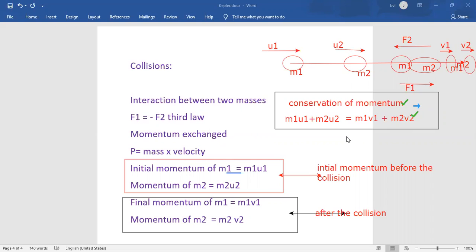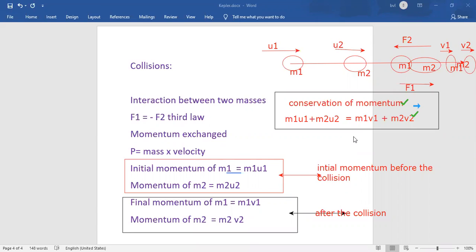This condition is compulsory in all collisions, whether it is an ordinary mechanical collision between a ball and a bat, a ground and a ball, two coins, two glass marbles, two nuclei, or a nucleus and a charged particle.